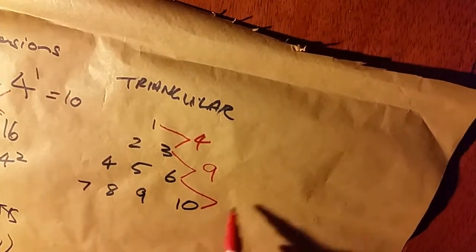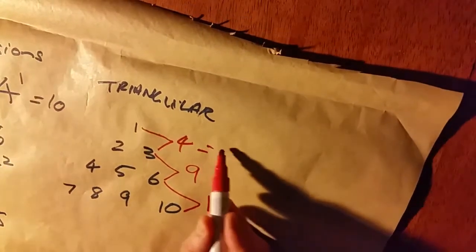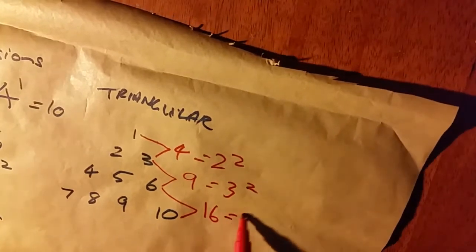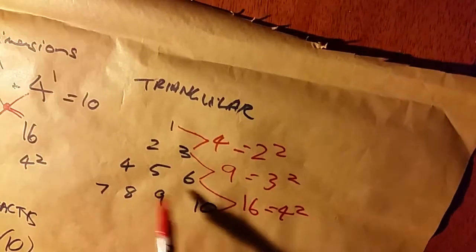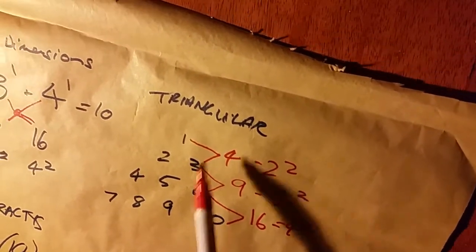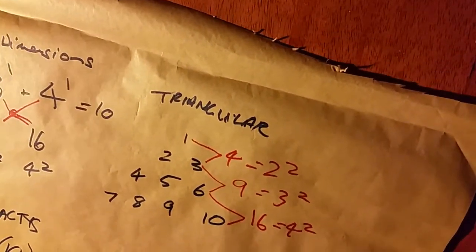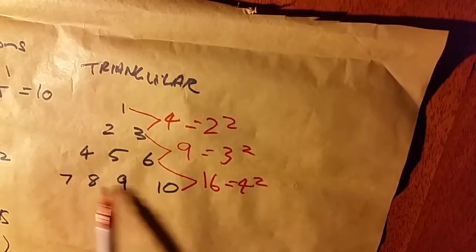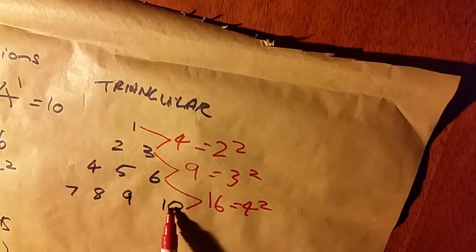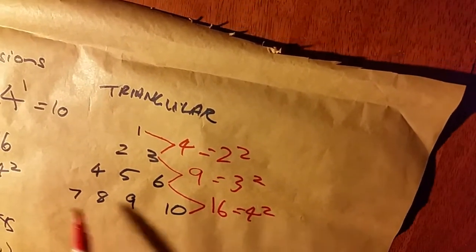If I add 6 plus 10, I get 16, which is 2 squared, 3 squared, and 4 squared. So adding any two neighbouring numbers will bring the square of the larger. If I add the third and fourth row together, 6 plus 10 equals 16, which is 4 squared.